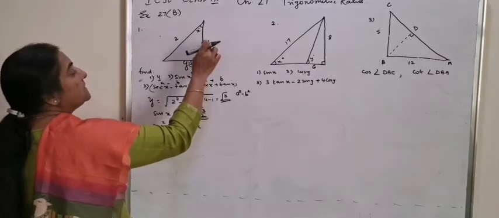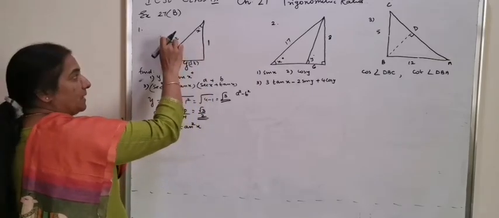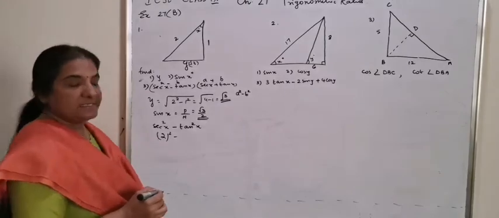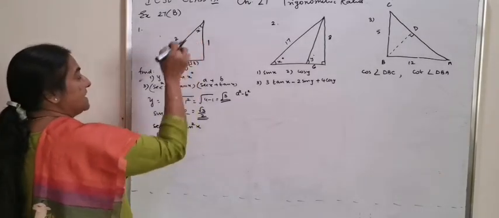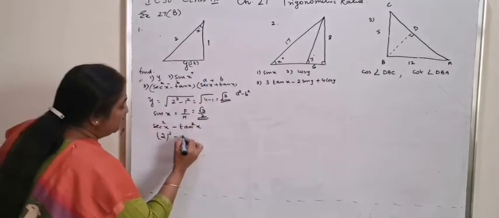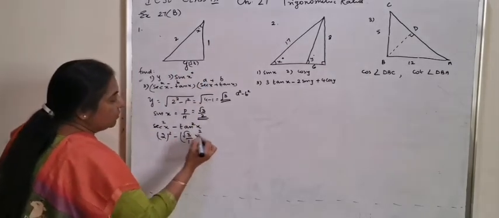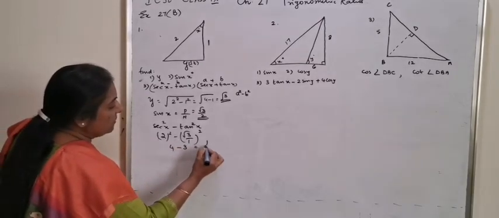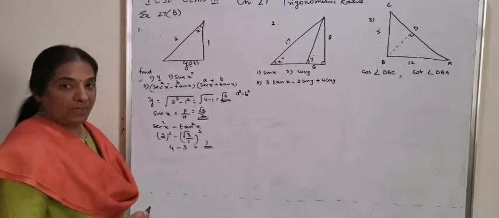Cos x is base by hypotenuse, which is 1 by 2. Therefore, sec x is 2, or 2 squared minus tan x, which is the same as perpendicular by base, that is root 3 by 1, root 3 by 1 the whole squared. That is 4 minus root 3 the whole squared is 3, so the answer is 1.